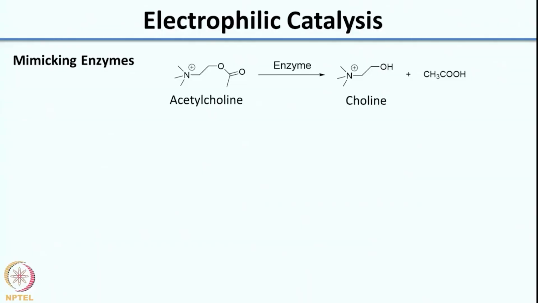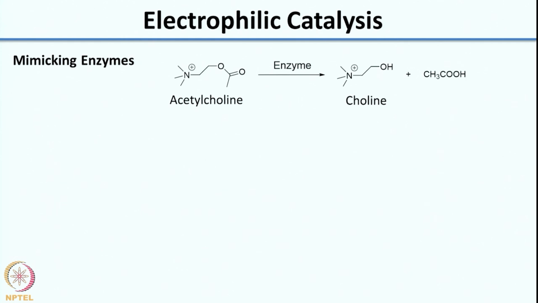So now let us look at an example slightly away from biology. So people have tried to mimic the activity of enzymes. So here you have a reaction. So we are not immediately going away from biology, we are trying to mimic what this enzyme does.